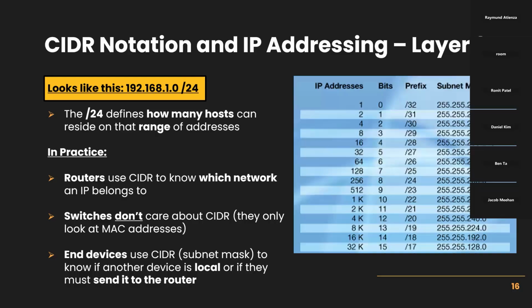Oh wait, I did the example wrong. But this is actually a slash 28. I said n equals 4, but I meant 2 to the power 4, so that's 16. Since it's 256 minus 16, it'd be 255s all and then 240.